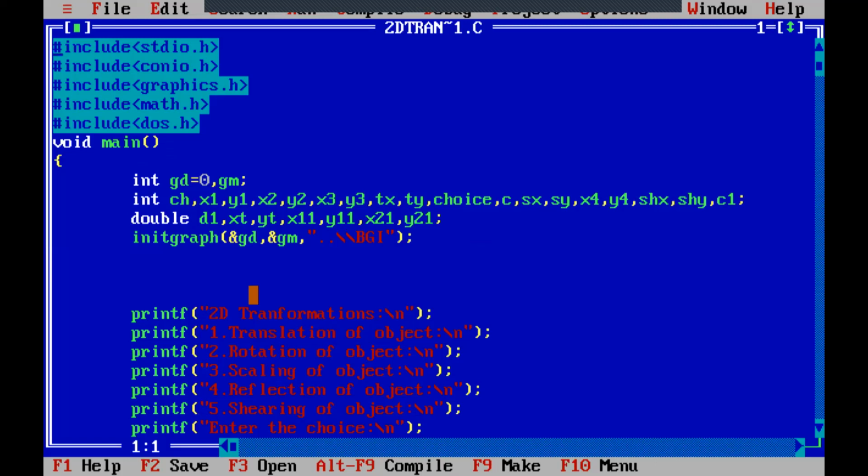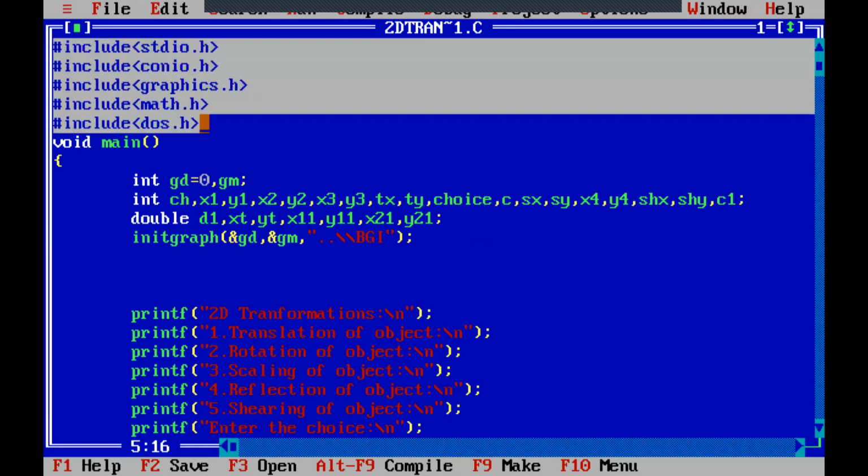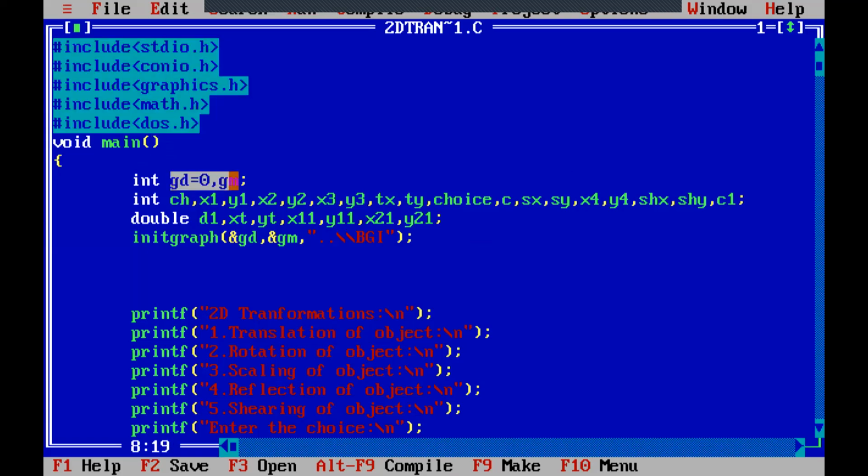Right. So let us start now the code. So first, as usual, these are the header files included: math.h, graphics.h and dos.h. Then in the main program, you have graphics driver and graphics mode initialization, so you are initializing them as integers.